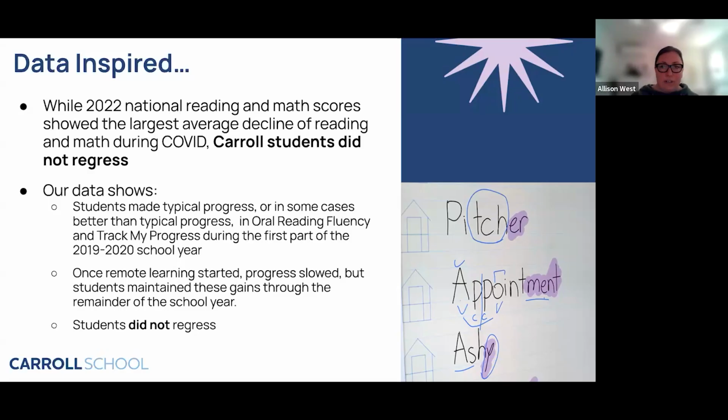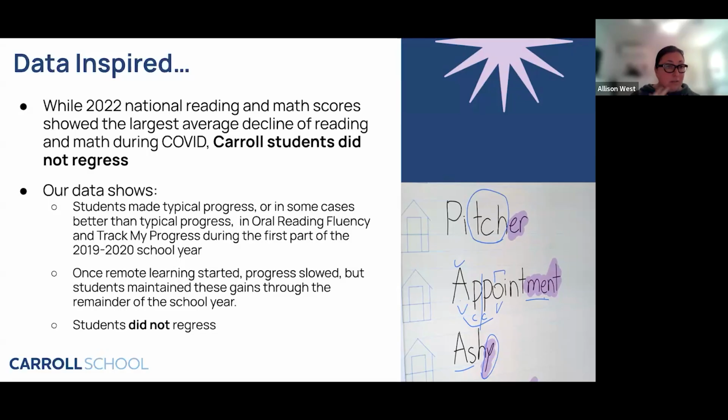Back in 2022, national data was collected on reading and math scores. And at that time, it showed the largest decline in math and reading skills over COVID since 1990. And so we thought, what does our Carroll student data look like?